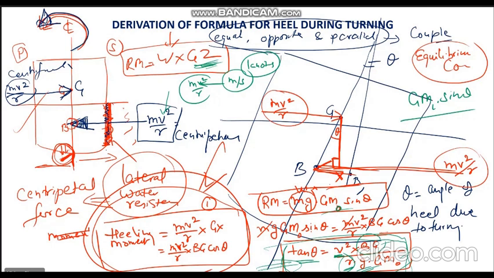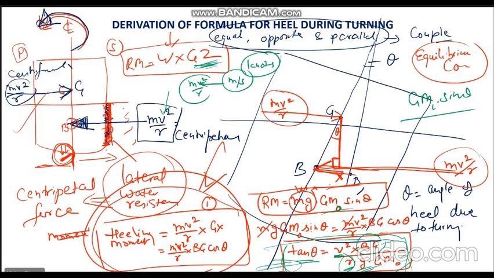Correct, sir. So whether she is going to heel into the turn or outwards will depend upon whether KG is greater than KB or less than KB. Normally, our KG is greater than KB, so normally ships would heel outwards. But tomorrow, if I create a situation where KB is greater, then the ship will heel inwards.